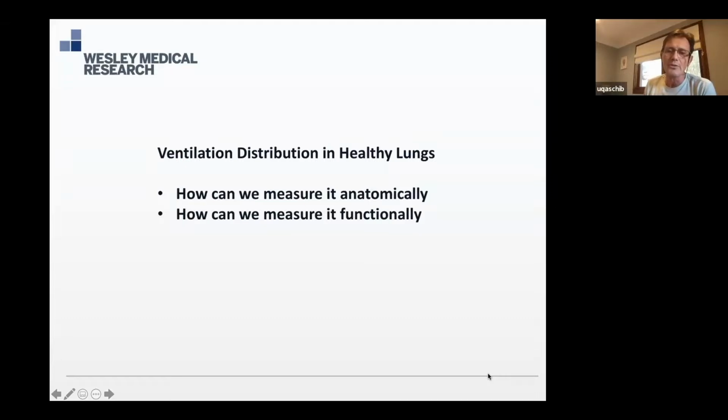There's two ways to look at ventilation distribution. We can look at anatomical or imaging modality. I'm just scratching the surface of this topic, but I think at the bedside, we need to have an understanding of the function of ventilation distribution and how we can measure it.